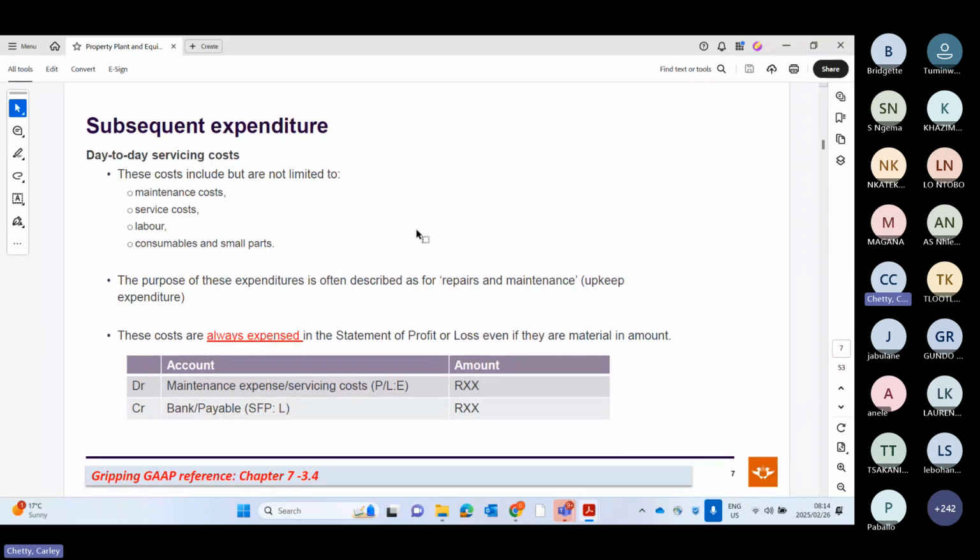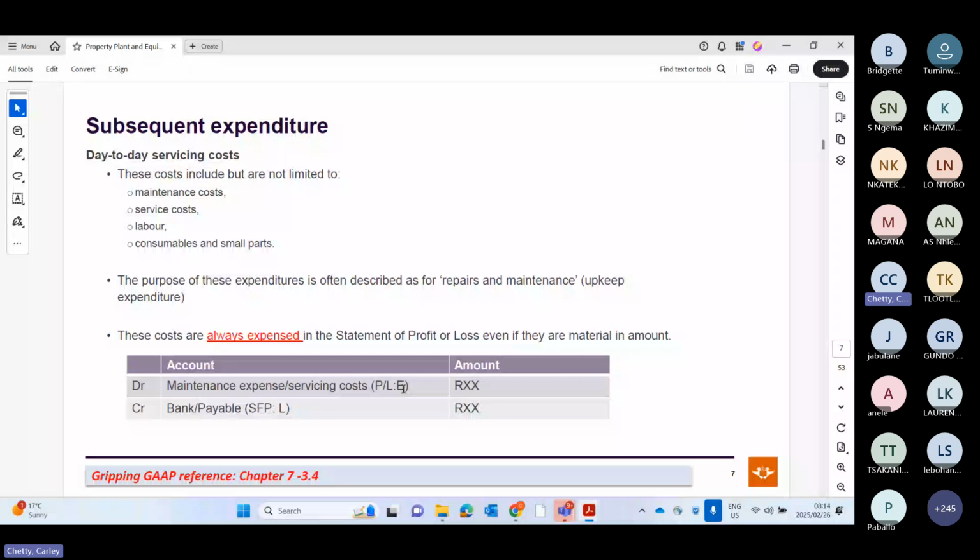So we are going to debit maintenance expense or servicing cost. You can call the account maintenance expense or service cost, but what is important is that you must show it is an expense.